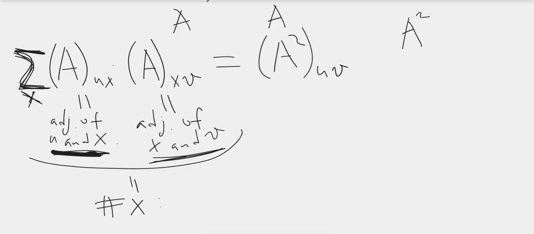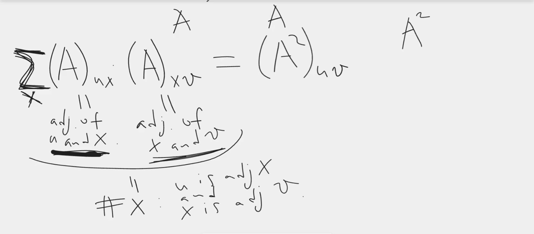Number of such x that U is adjacent to X and X is adjacent to V, right?